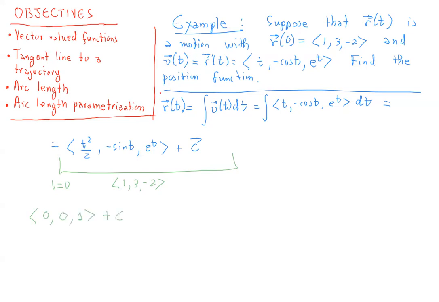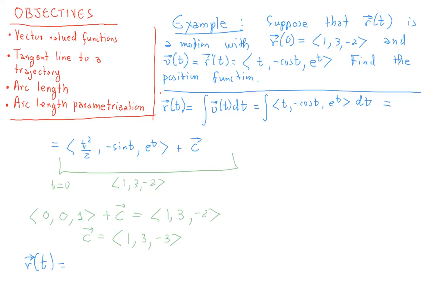And if I add c to it, that should equal 1, 3, negative 2. And if we solve for c, we will get 1, 3, and negative 3, because we need to change the sign of 0, 0, 1 when we take it over the other side.